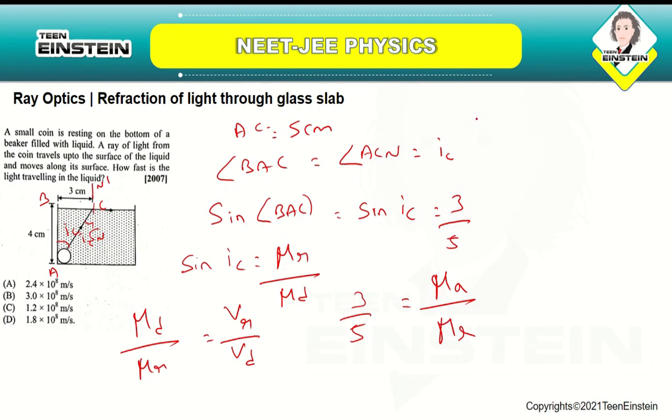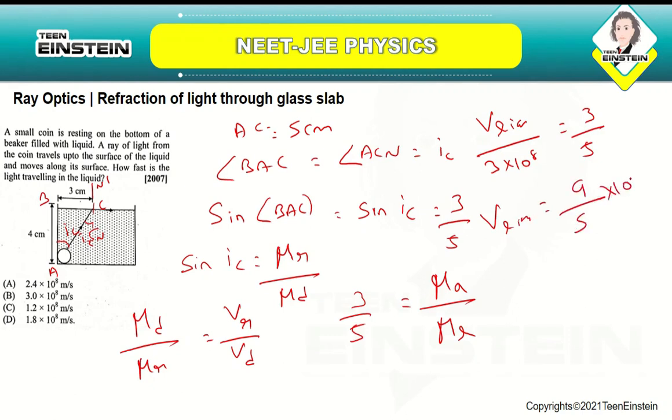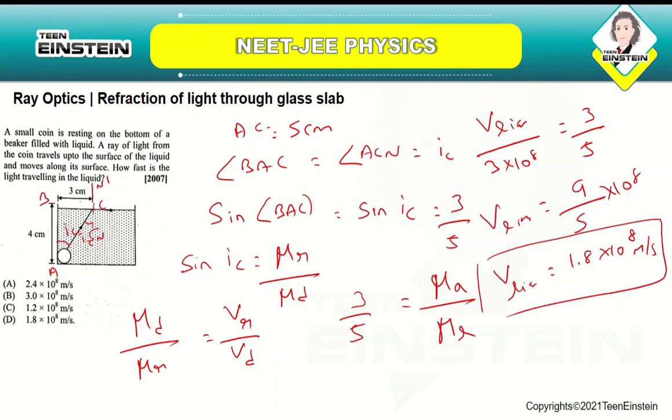So, it is V liquid by 3 into 10 power 8, which is equal to 3 by 5. So, the V liquid will be 9 by 5 into 10 power 8, or the velocity in the liquid will be equal to 1.8 into 10 power 8 meter per second. So, the correct answer is option number D, 1.8 into 10 power 8 meter per second.